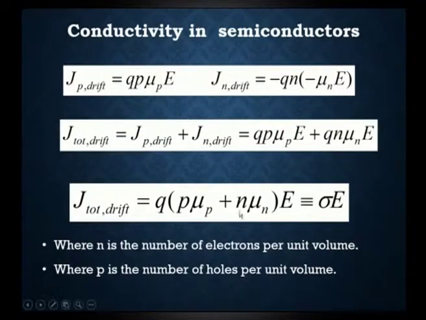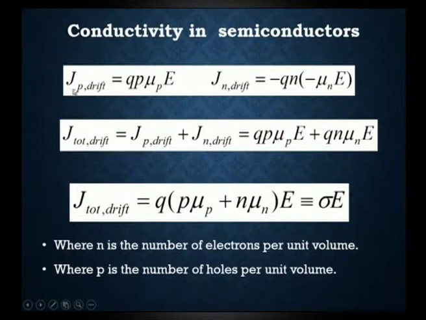Now we are going to discuss the drift current. The drift current is possible due to the random collision of electron movement inside the material, inside the crystal. This forms a drift current. The drift current is given by Jp for p type, where the subscript p represents a p type material or p type semiconductor.